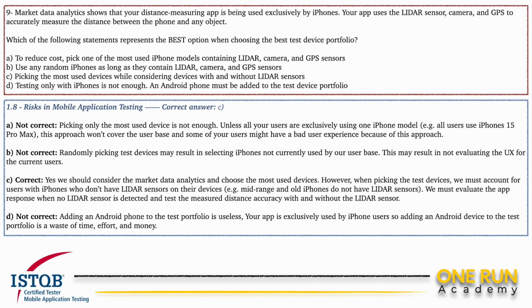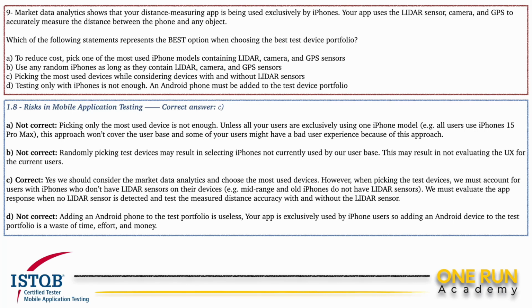Moving on to option C, which suggests picking the most used devices while considering devices with and without LiDAR sensors. This approach is more comprehensive and takes into account the diversity of devices used by the user base.